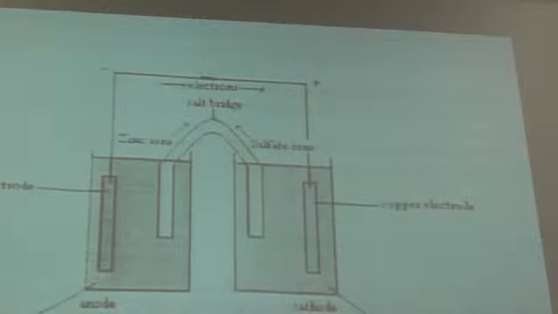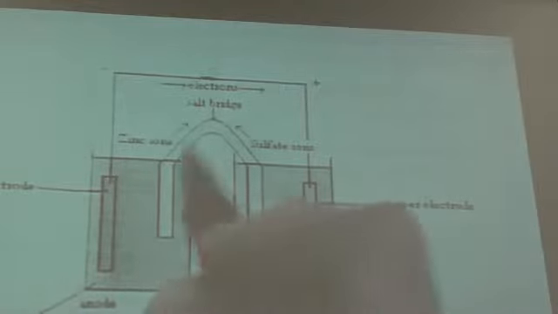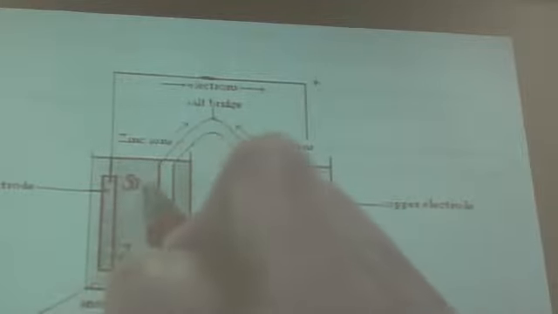In this particular galvanic cell, we have a zinc electrode, and in the liquid portion of the beaker there are zinc ions and sulfate ions.